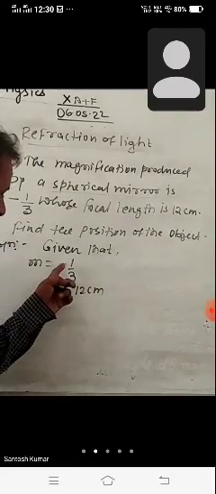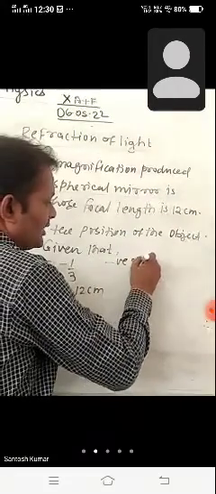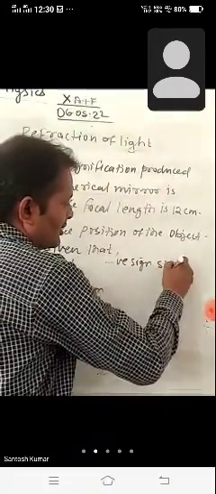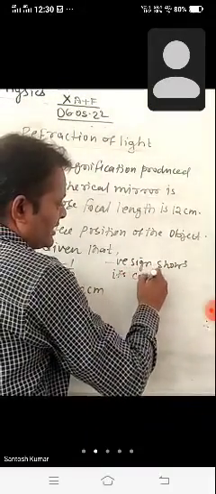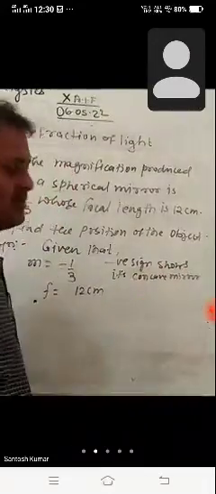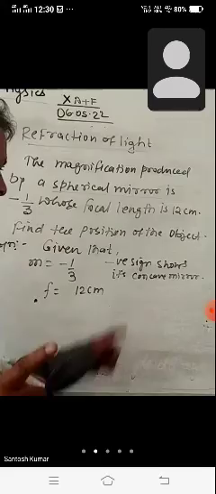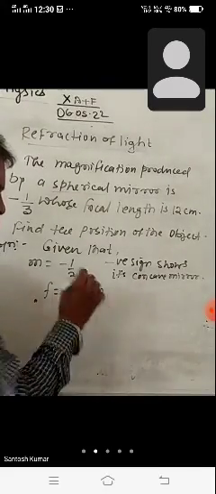So this negative sign shows it's a concave mirror, because a negative m means a real image, which is formed by concave. In concave, the focal length is negative. Now you can confirm.